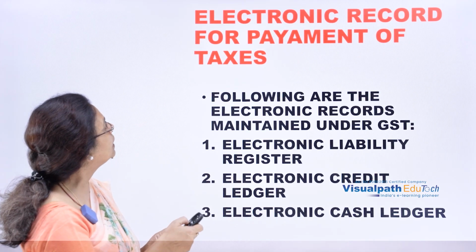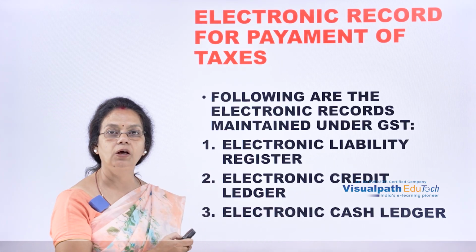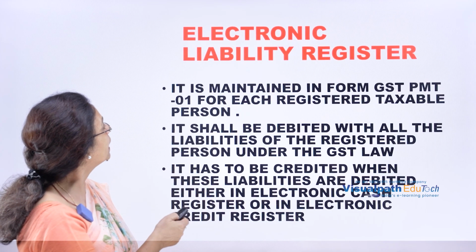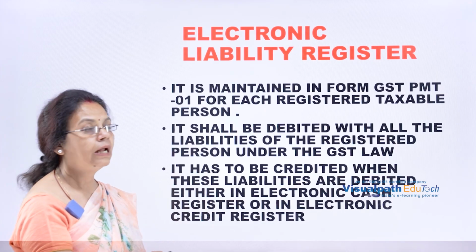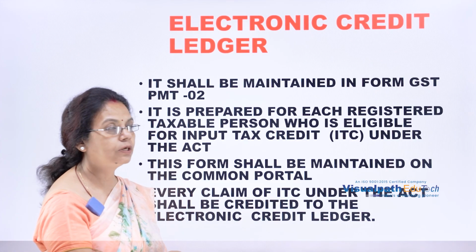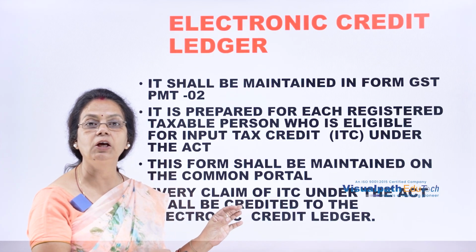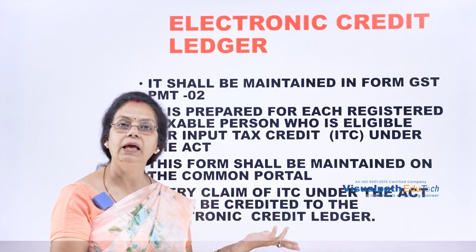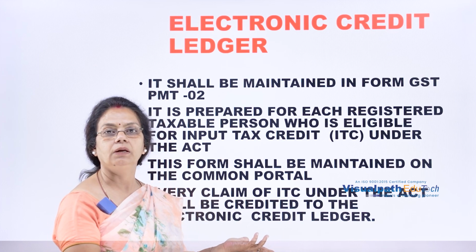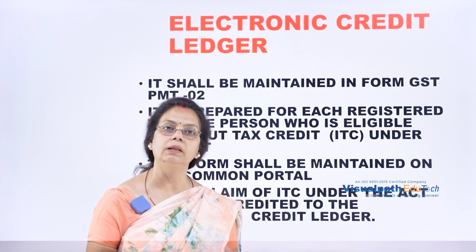So, just an overview of all these three: electronic records for payment of taxation. Number one, the electronic liability register. Number two, the electronic credit ledger. And number three, the electronic cash ledger.